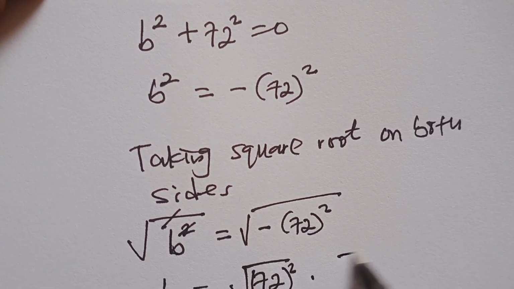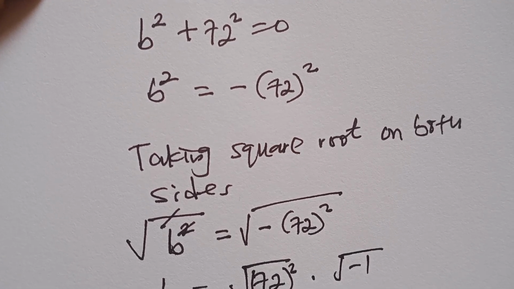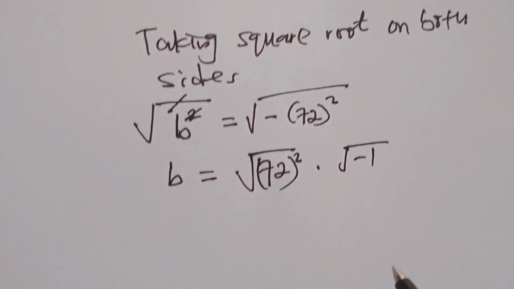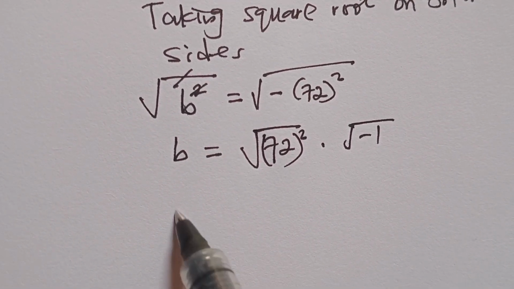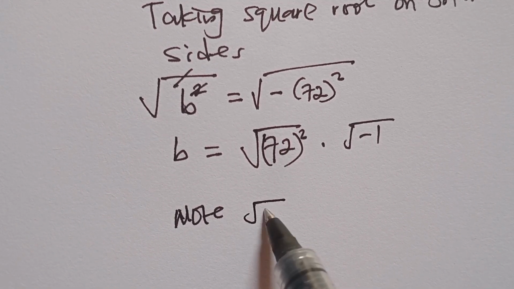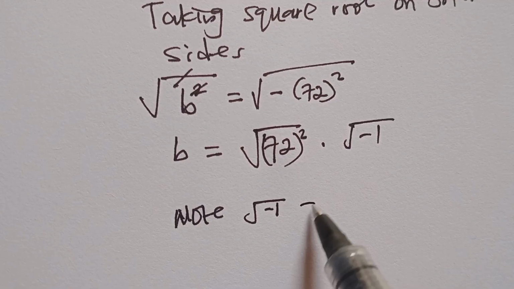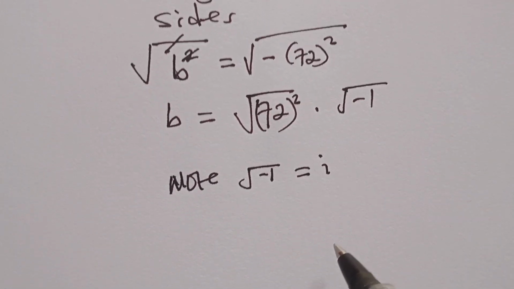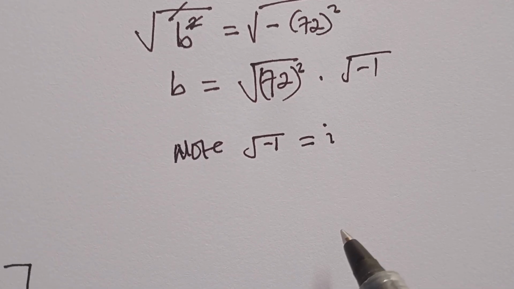That is, b will be equal to the square root of 72 squared multiplied by the square root of minus 1. And note that from complex numbers, the square root of minus 1 is equal to i.